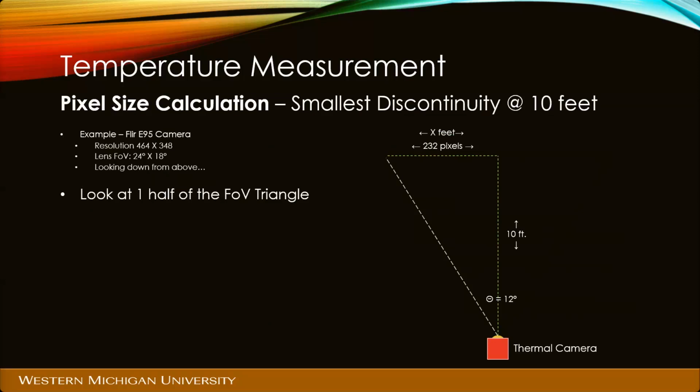Pythagorean theorem could tell us what the hypotenuse is, what this length is. We're trying to figure out, we only know one distance, but we know an angle. Trigonometry, what element of trigonometry?